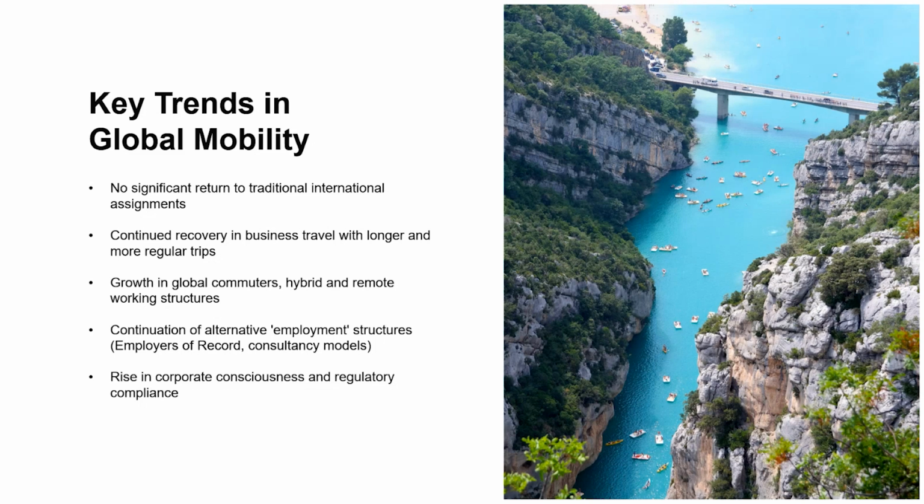So an employer retains management and control of the individual, but HR processes, pension, withholding is all managed by the employer of record. Or we see consultancy models where we're using, say, a contingent labor force as an employee. And these also create risks for the employer, because we start getting to a phase of an employer having a presence in that other country, and what is the obligation that happens in that location.